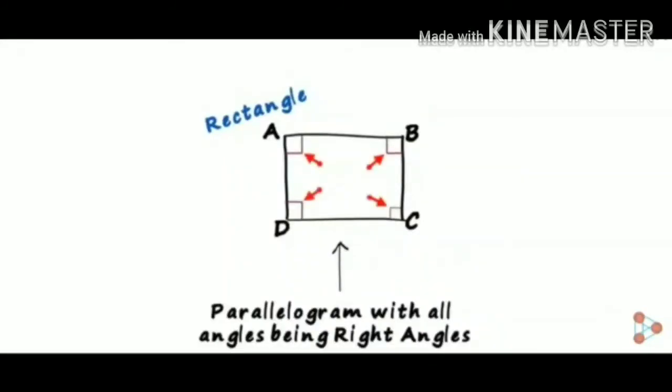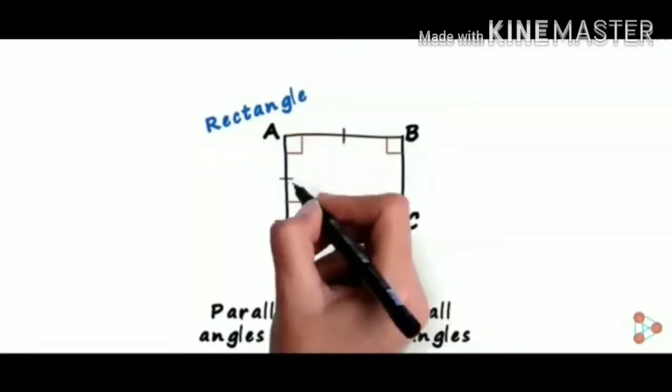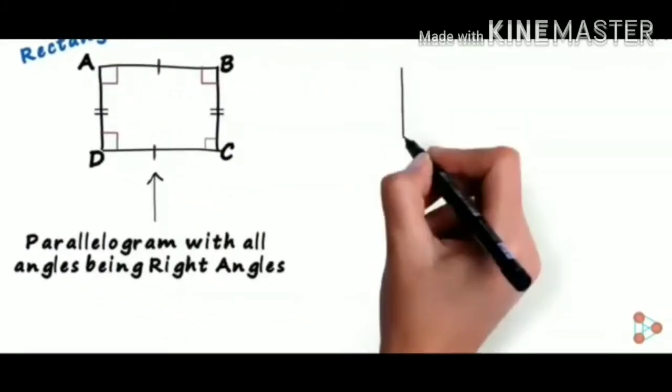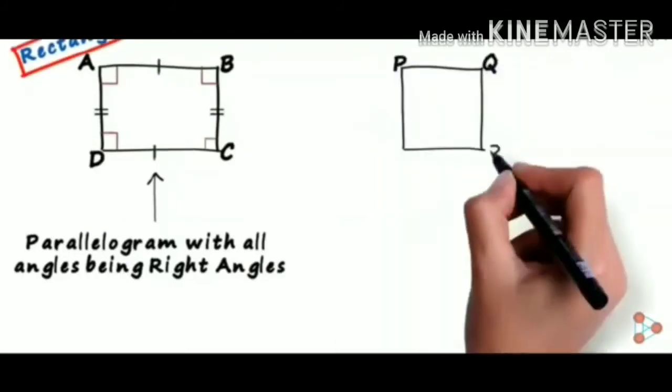Just like in a parallelogram, the opposite sides of a rectangle are equal. This side will be equal to this side, and this side will be equal to this one. Now it gets even more interesting. This quadrilateral is a special case of a rectangle. Let's call it PQRS.